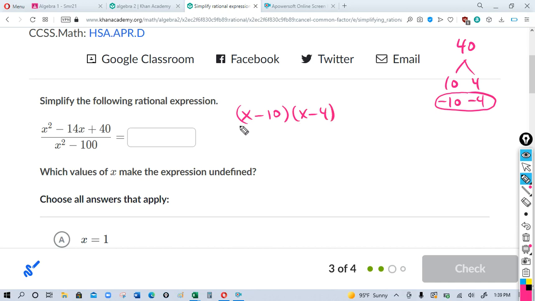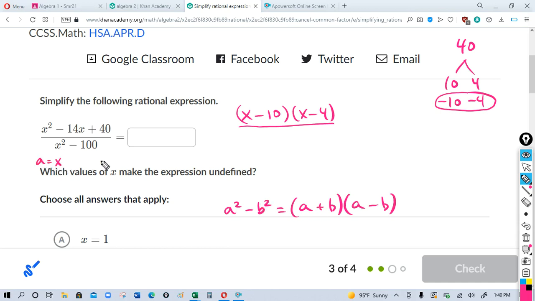And for the denominator, it's actually the same thing we just did. Remember, if you have a squared minus b squared, that equals a plus b times a minus b. All right? So in this case, a would be x.